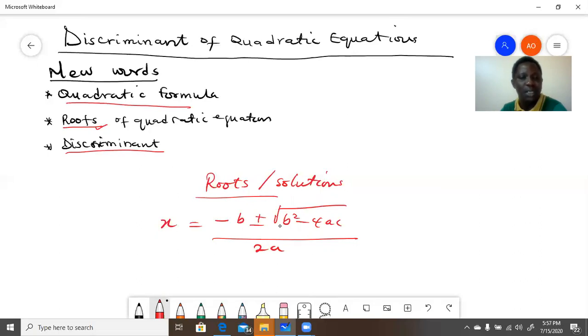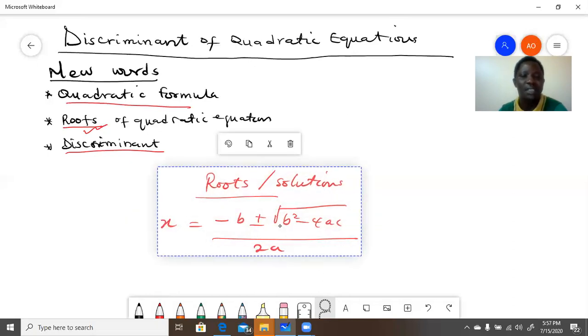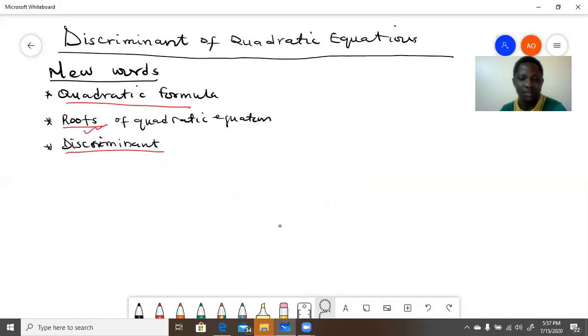Now, apart from using the quadratic formula to solve a quadratic equation to know the number of roots, another thing the roots of a quadratic equation tell us is how many times the graph of the quadratic equation intersects the x-axis. I'm still talking about the roots of a quadratic equation.